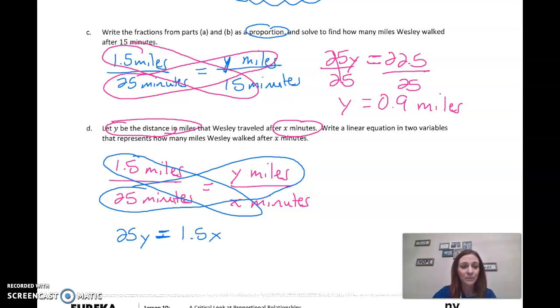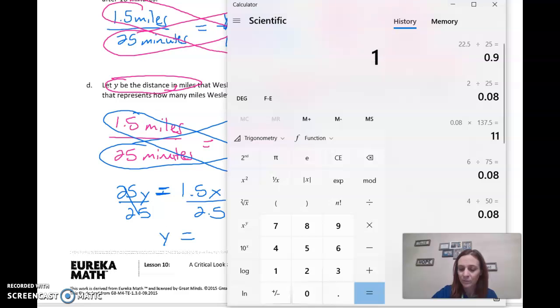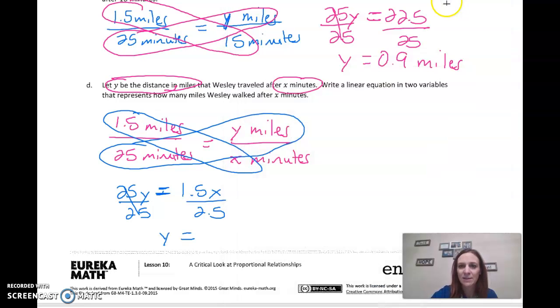Always solve for y. Divide by 25. Divide by 25. Y equals 0.06. Don't forget your x. Okay. Just a new way of finding an equation, really by still using our constant, but doing it all together in one step.